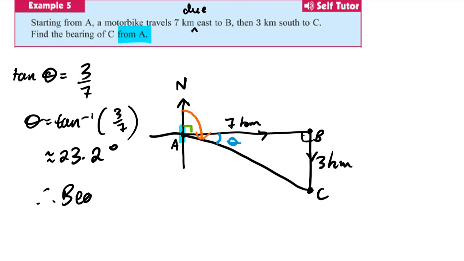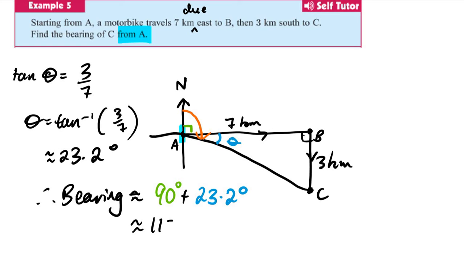Therefore, our bearing in this question is made up of 90 degrees, the right angle in green on the diagram, plus theta, which is 23.2 degrees, to give us a bearing of approximately 113.2 degrees, or 113 to 3 significant figures.